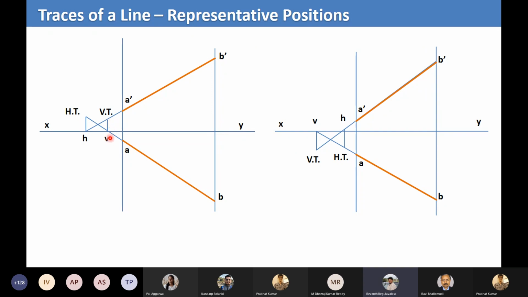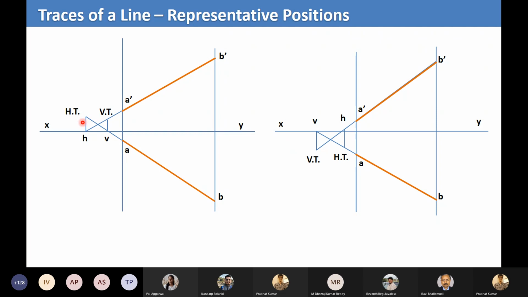V is obtained from the top view, so this line has to meet the front view. That is VT. Coming to H, how did we obtain H? It is the extension of the front view, so the projection has to meet the top view. That is HT.